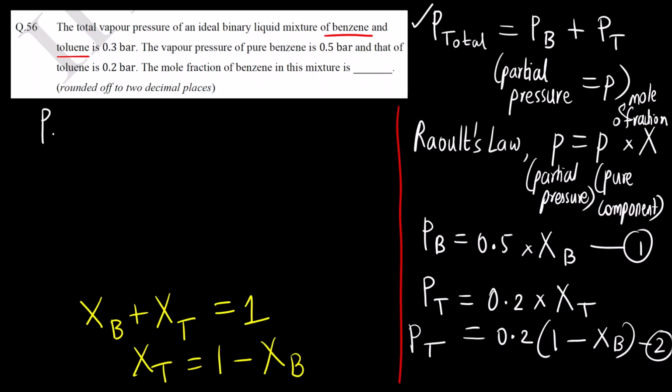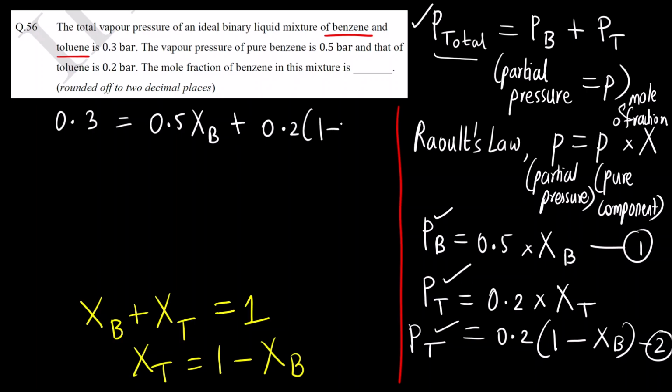The total pressure is given as 0.3 bar. So 0.3 is equal to the partial pressure of benzene, from equation 1, 0.5 into XB, the mole fraction of benzene, plus the partial pressure of toluene from equation 2, 0.2 into 1 minus the mole fraction of benzene.